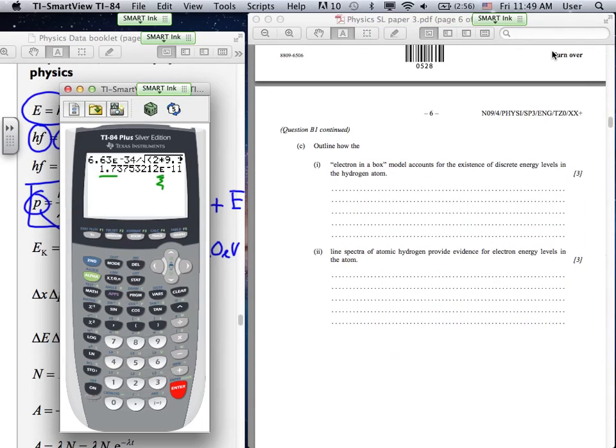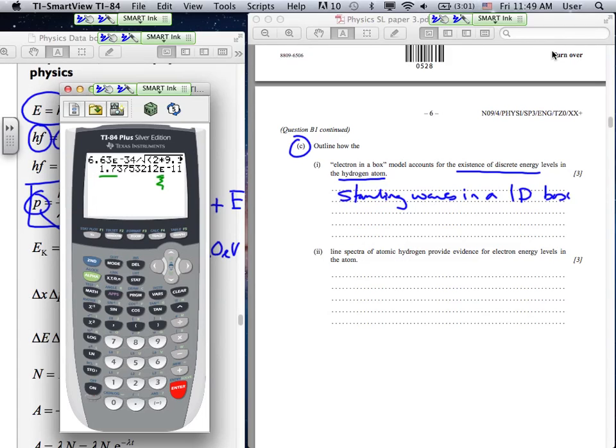And C, outline how the electron box model accounts for the existence of discrete energy levels in the hydrogen atom. So the electron box model basically says that we can view electrons as standing waves in a box, a one-dimensional box, 1D box.